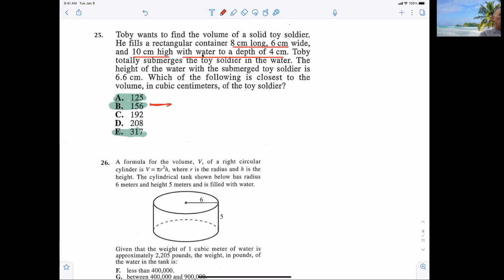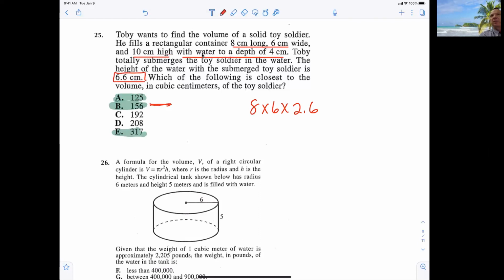But then when he drops it in, the height now becomes what? The height now becomes 6.6. Does everybody agree? So the water was displaced how many centimeters? So the answer is simply 8 times 6 times 2.6.